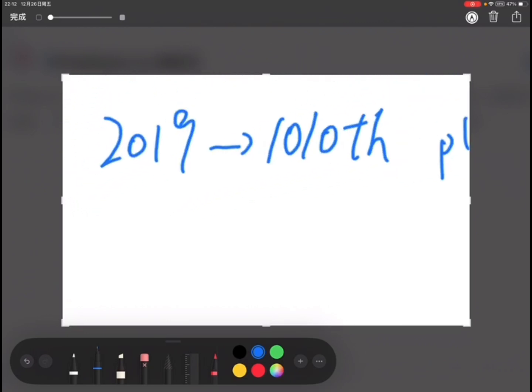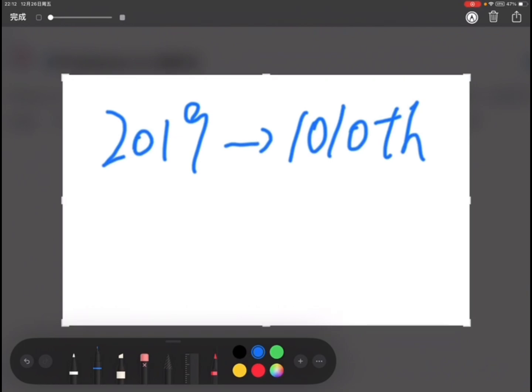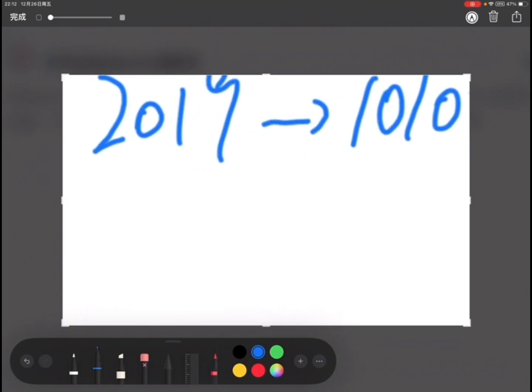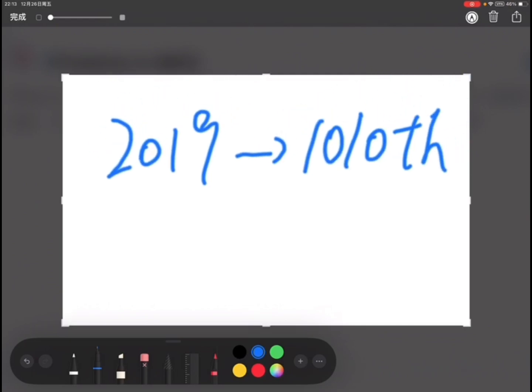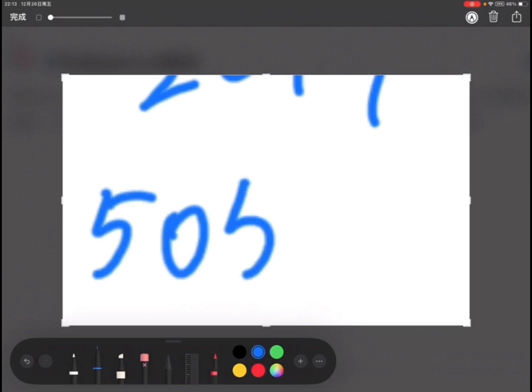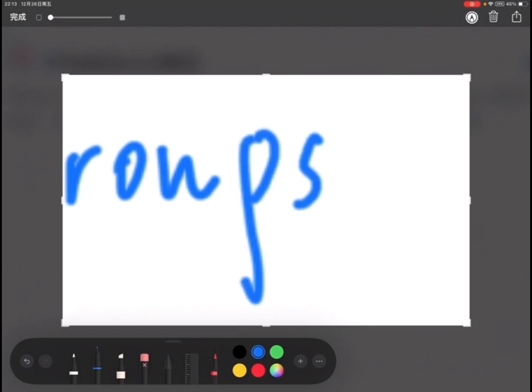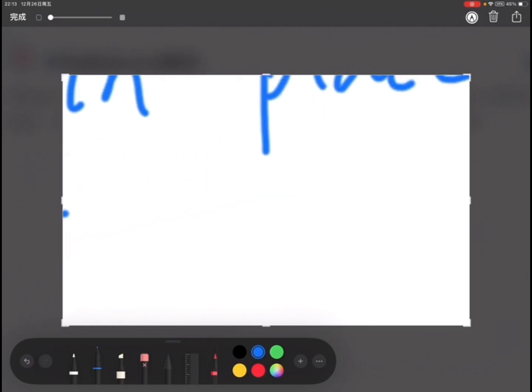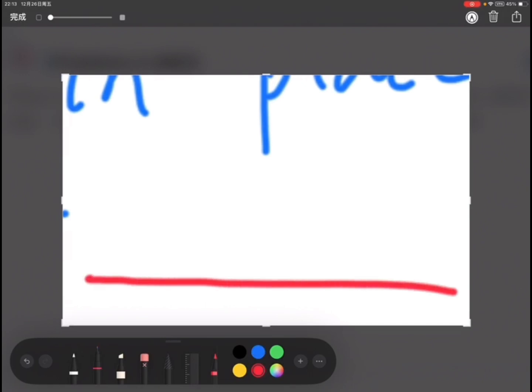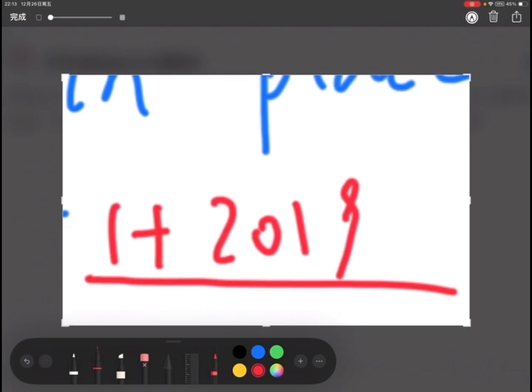but there are actually only 505 groups. There would be the same value, so we could literally just say, for example, 1 plus 2019.